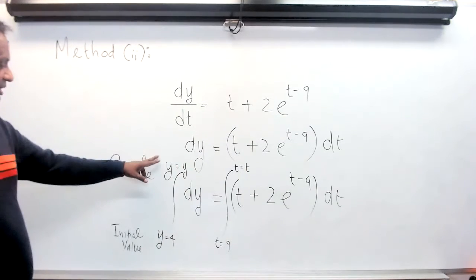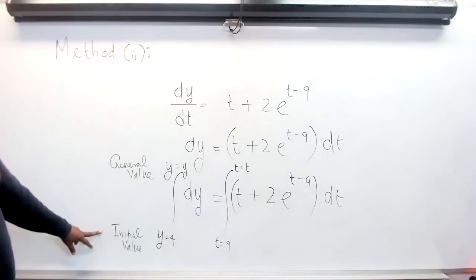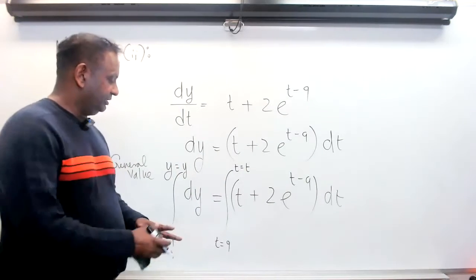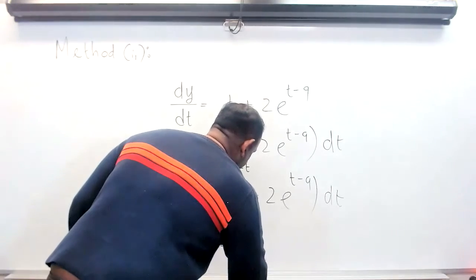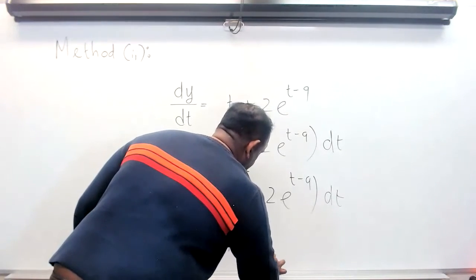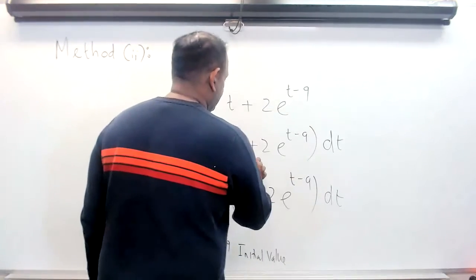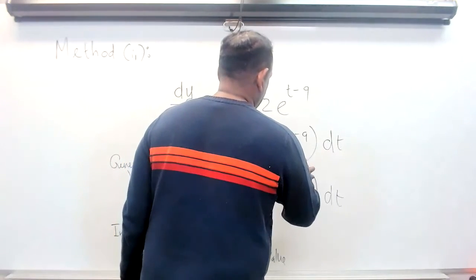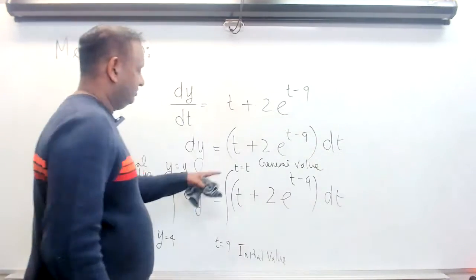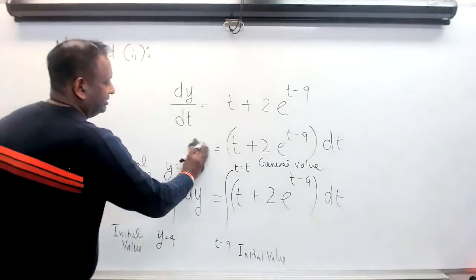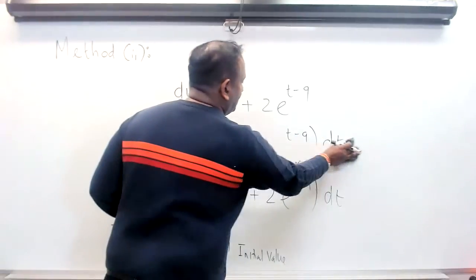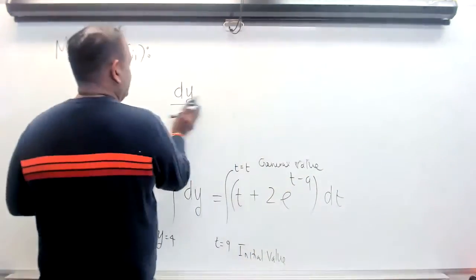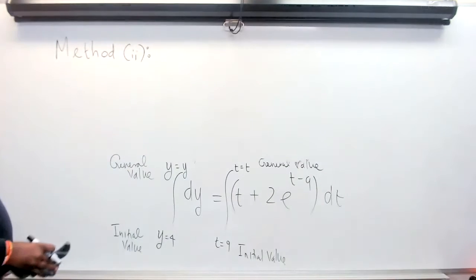General value for y, initial value for y, initial value for t. See, it's a general value for t. I'm talking about the upper bound.